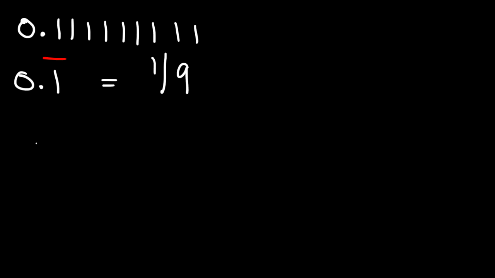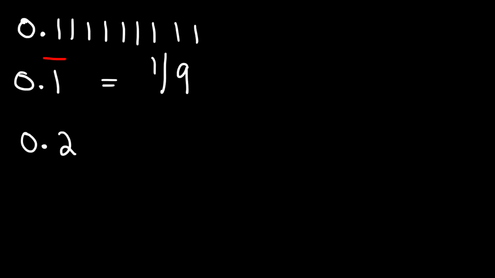Now what would you do if we have a repeating decimal? So basically 0.1 and it goes forever, which we can write as 0.1 repeating. How can we convert this into a fraction? Now this is something you just have to know. There's no other way around it. 0.1 repeating is 1 over 9.